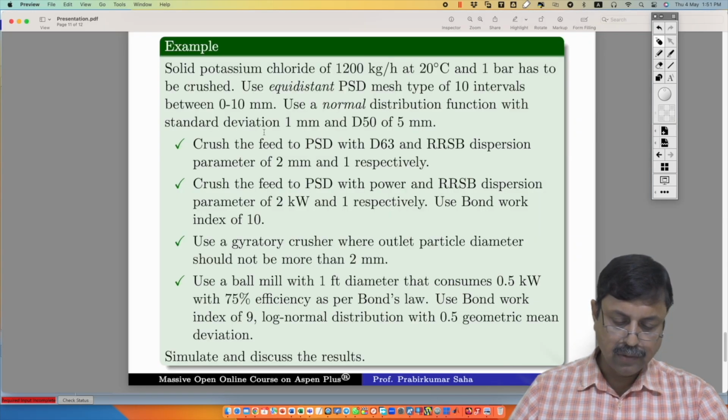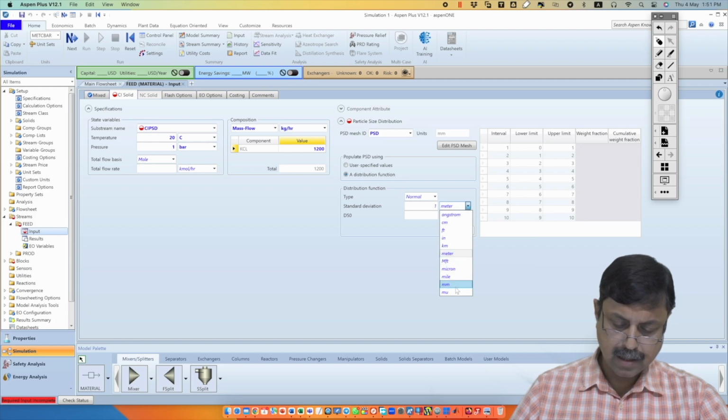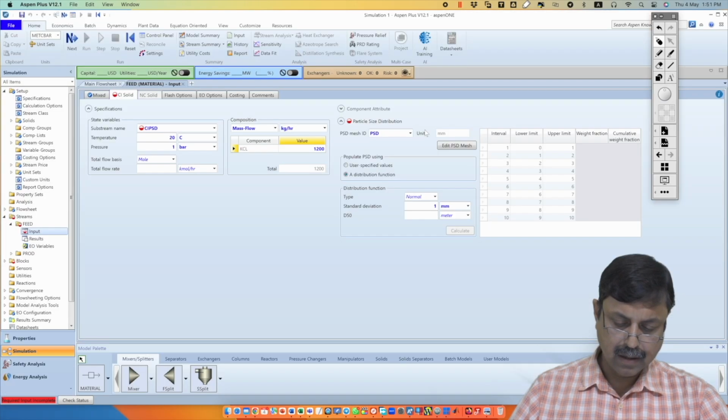Standard deviation is 1 millimeter. And D50 is 5 millimeter. Now calculate.